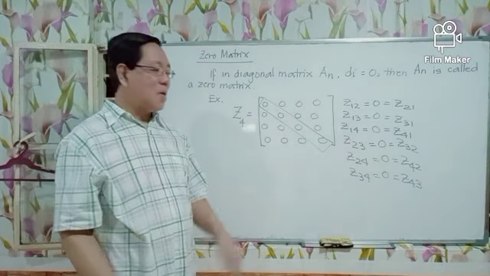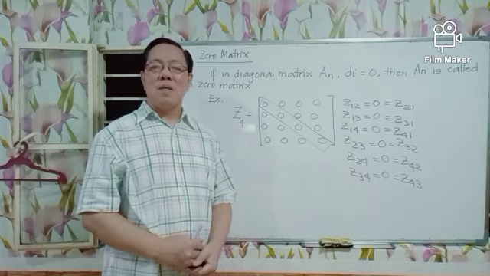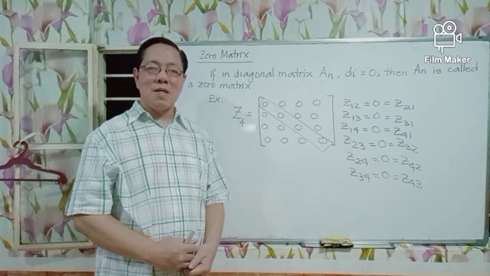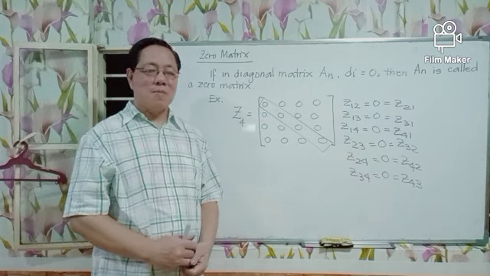And this matrix, because of these properties, is called a symmetric matrix. Therefore, the zero matrix is a symmetric matrix.